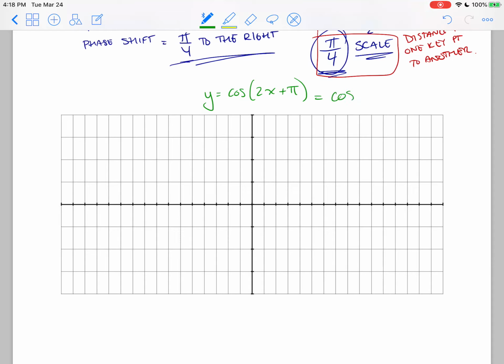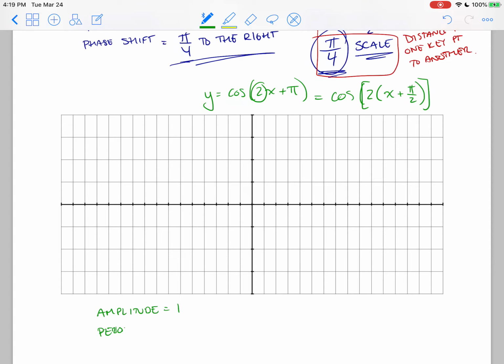What we have to do first is make sure that this 2 is factored out. So this is actually 2 times x plus pi over 2. And if I didn't factor out that 2, I would think the phase shift is pi to the left when it's actually pi over 2 to the left. Okay, so when we talk about amplitude, that's just 1.